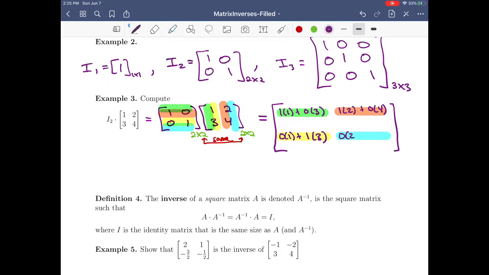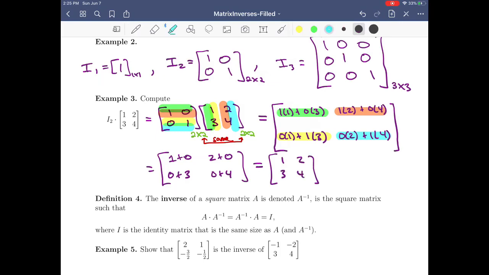And it's 0 times 2 plus 1 times 4. Now if I simplify, this is 1 plus 0, and then 2 plus 0. And then it's going to be 0 plus 3, and then 0 plus 4. So what I get is 1, 2, 3, 4.